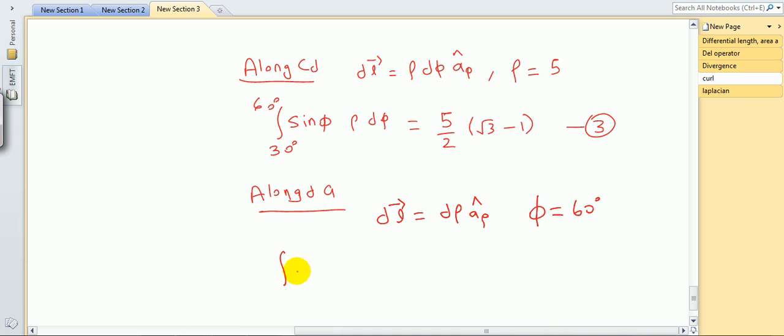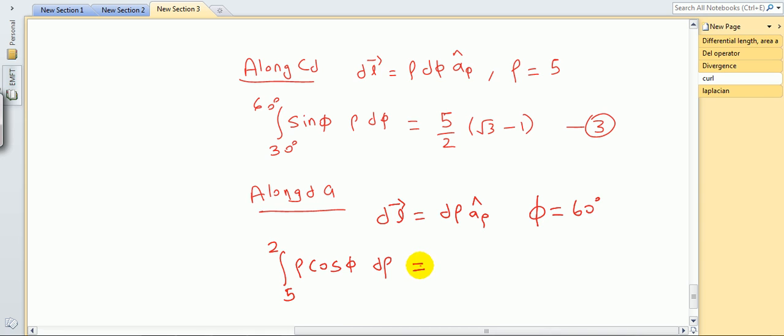So I can simply put the value, that is rho cos phi d rho, and rho is changing from 5 to 2 for the path DA.